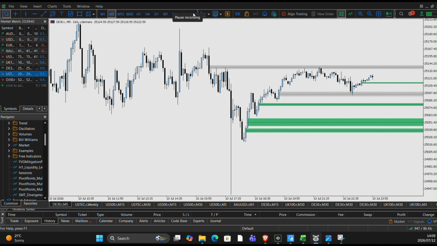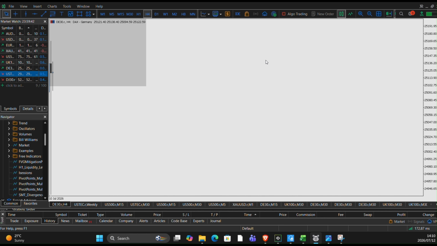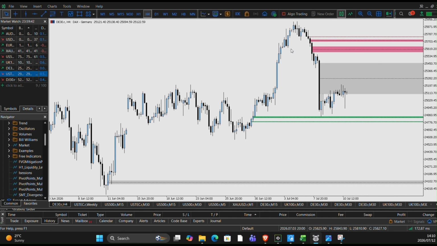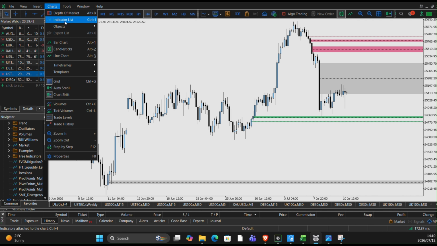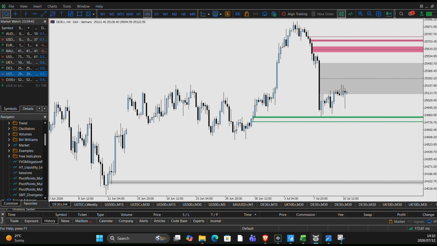So yeah, now I want to show you something else that the indicator can do, where you can lock to one time frame. So let's go back to the 4 hour and then go into our settings and lock it.